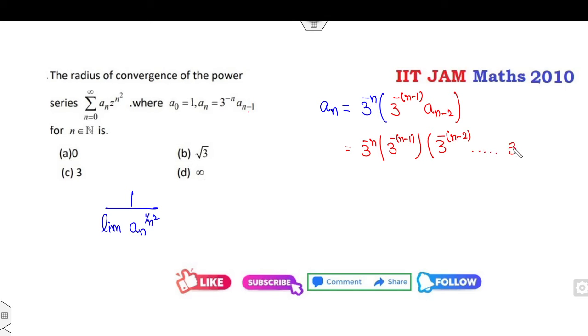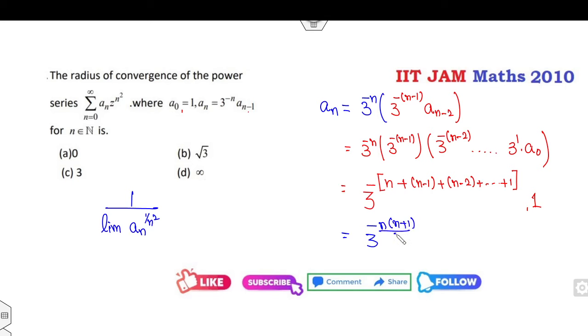So that means 3 raised to power 1 into a_0. So what is a_0? a_0 is 1. And you can see I can write this expression with a common factor, n minus 1, n minus 2 up to 1. a_0 is 1. So which is the expression of this? It's an AP series. The sum will be n plus 1 over 2. Now I can substitute this in the limit.